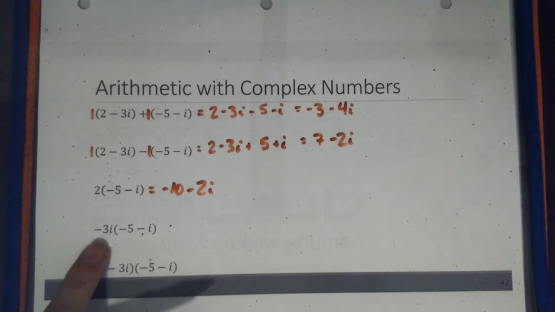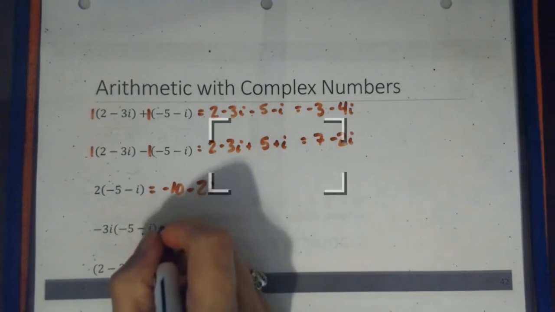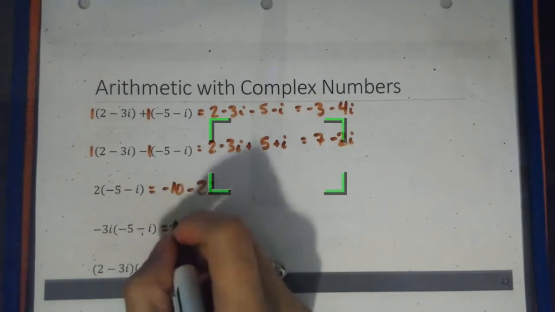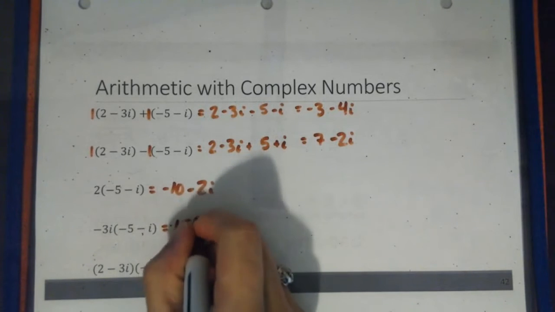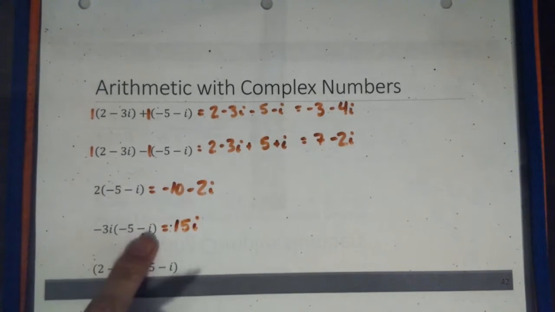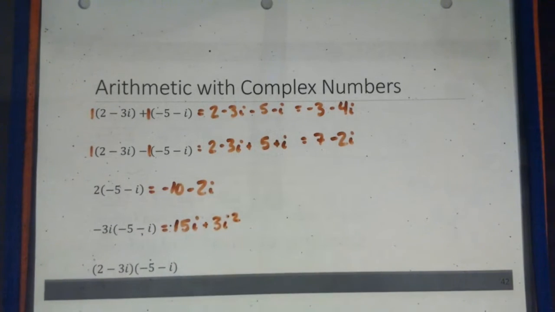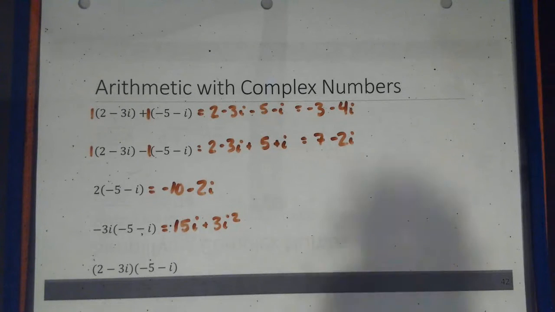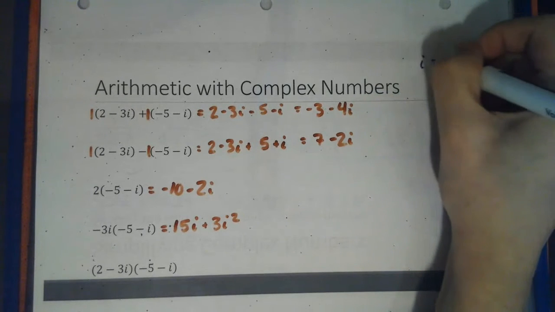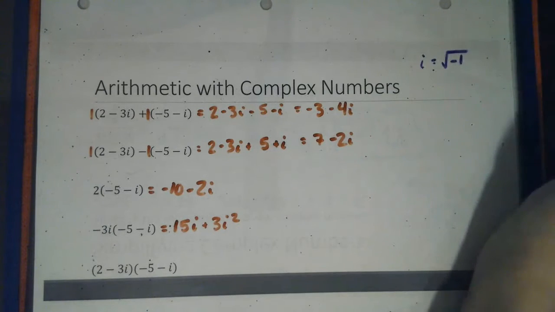Next up, we're going to distribute a negative 3i through the parentheses. Negative 3i times negative 5 is a positive 15i. And negative 3i times negative i will be a positive 3i squared. Never, ever do I want to see an i squared in your answer. Remember that i is equal to the square root of negative 1.